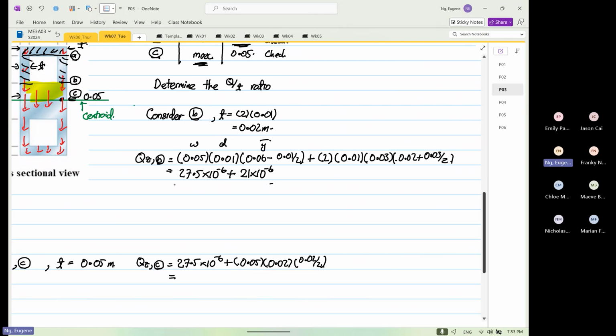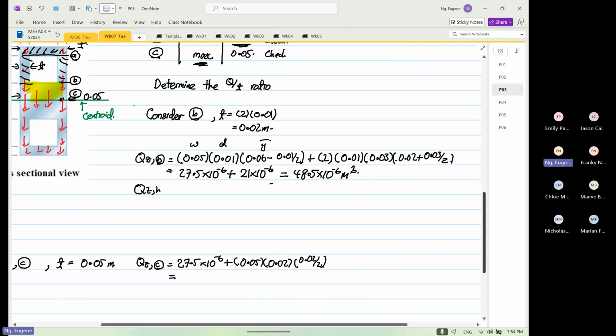Then this will be equal to 27.5 plus 21, which is 48.5 times 10 to the power minus 6 meters cubed. Okay, so from here, I'll write down the ratio Qz at point B divided by thickness.